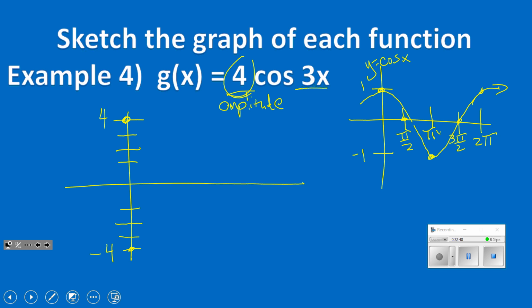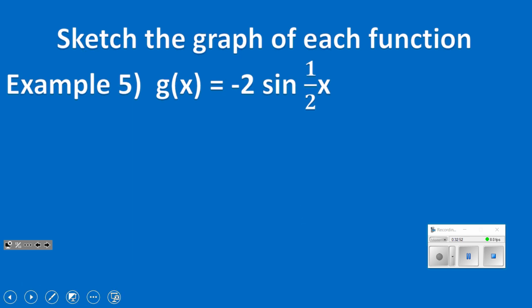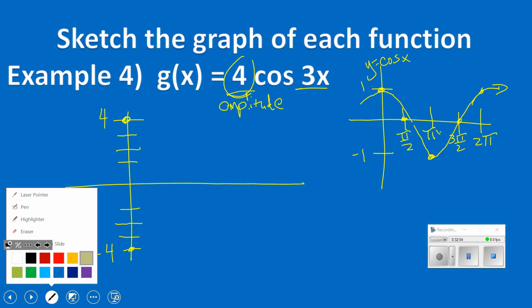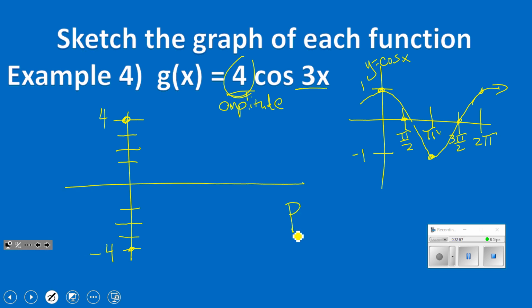In this case, my period, go back. My period is what? 2 pi over 3. You always take 2 pi and divide it by that number.